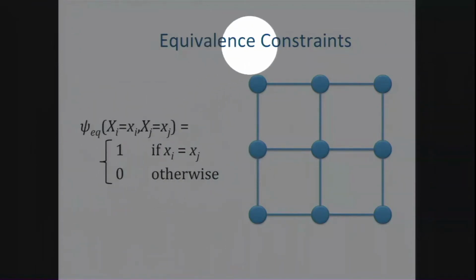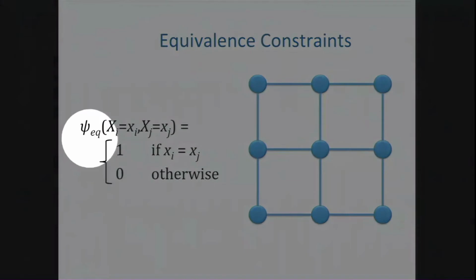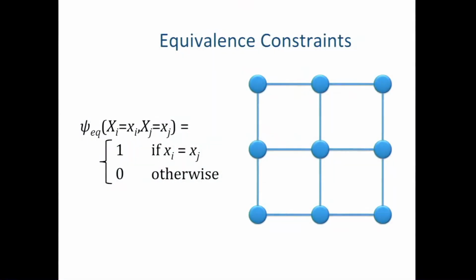An equivalence constraint is just a factor where, for the rows in which the two variables have the same value, it's a 1, otherwise it's a 0. Does that make sense? This is basically the factor over these two variables. Let's say these are binary, then there would be 4 rows in this factor, correct? And 2 of them will have a 1, and 2 will have a 0. That's an equivalence constraint.